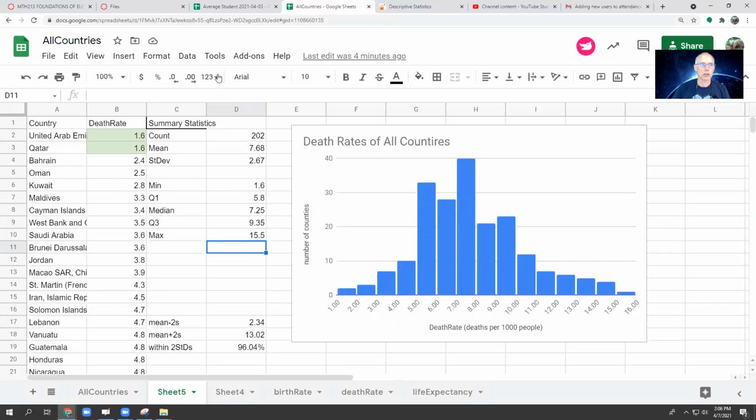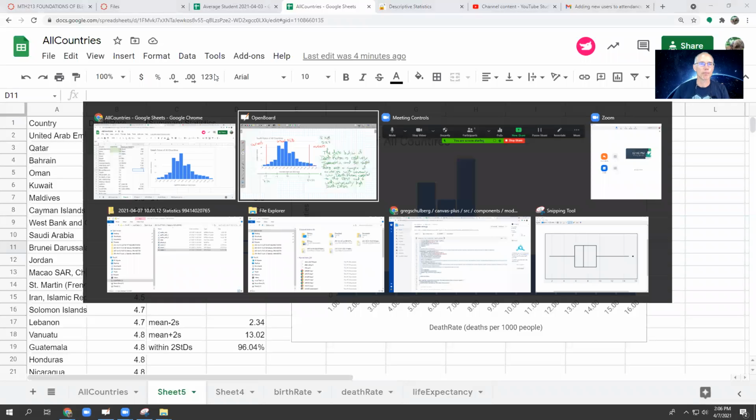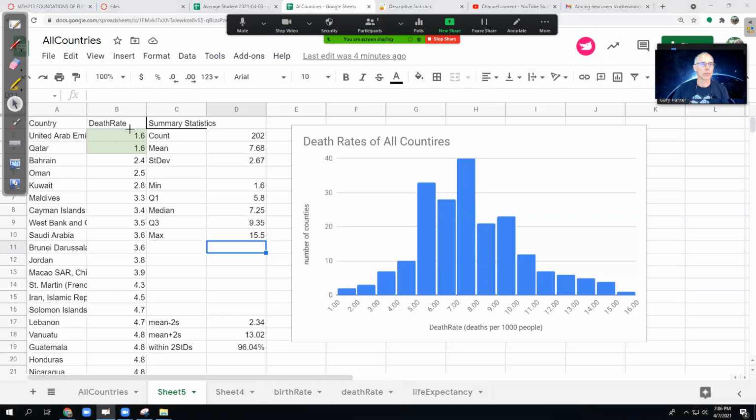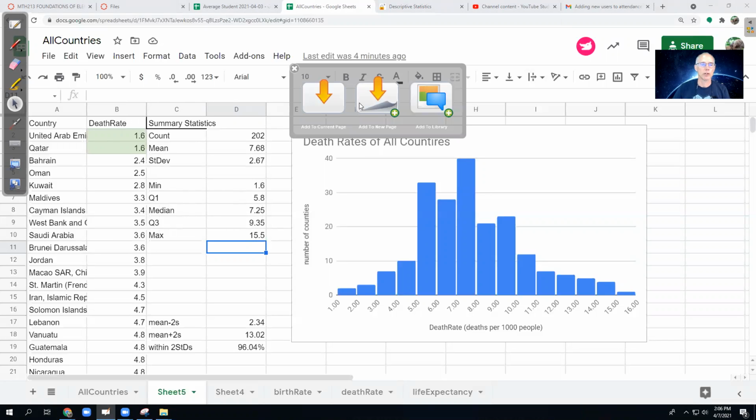So let's just get a screenshot of this. We just need the summary. I've already played with the mean and standard deviation. Now it's on to the median and the other percentiles.